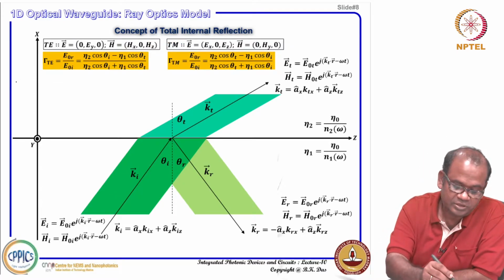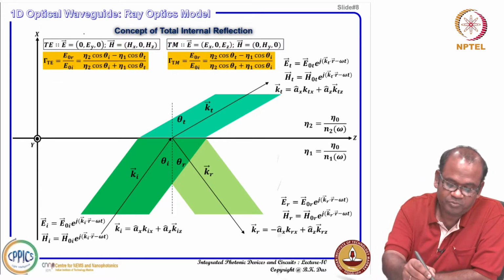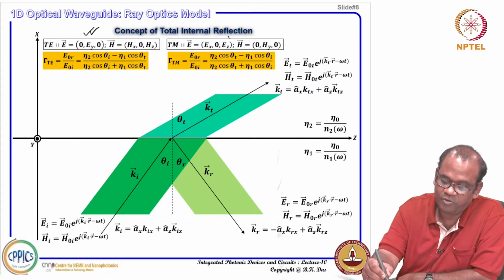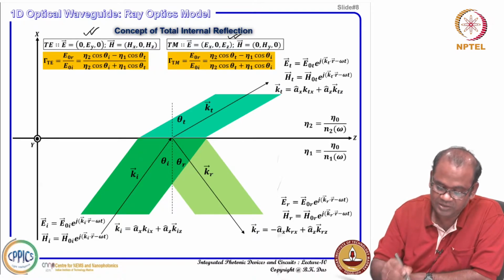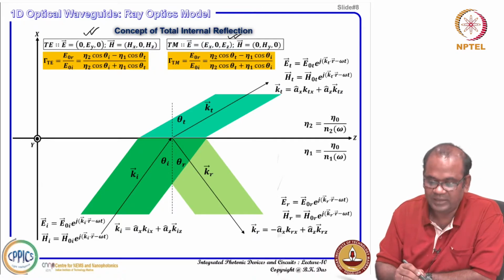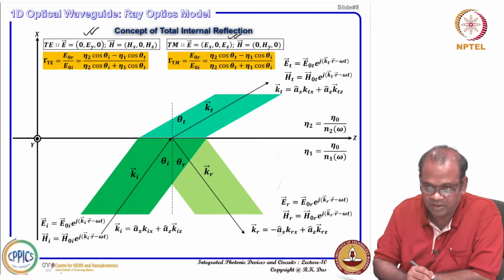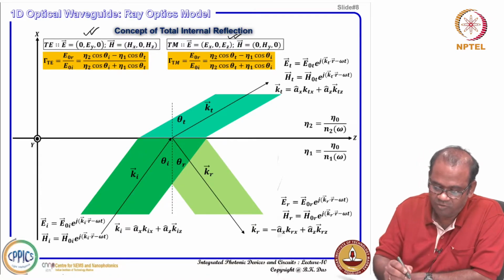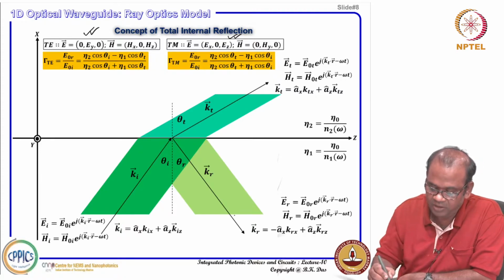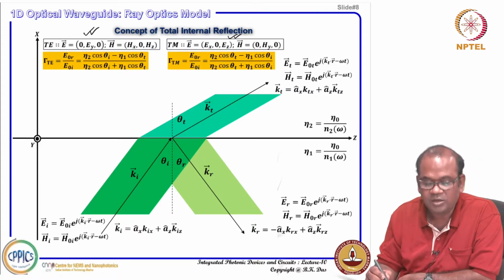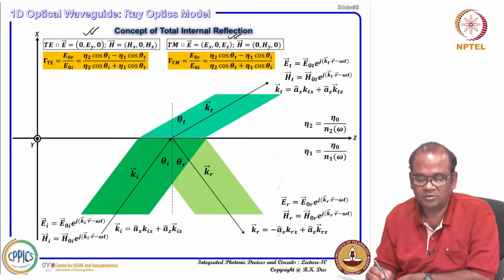Next we try to see, for example, if I consider TE polarization and TM polarization incident on an interface, using our boundary condition I can find how much fraction of the electromagnetic wave will be reflected.